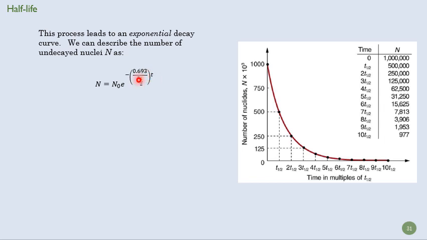So these two things are going to cancel, and I'm going to get e to the negative 0.693, right? Pull out your calculator and type in e to the negative 0.693, and you're going to get half.